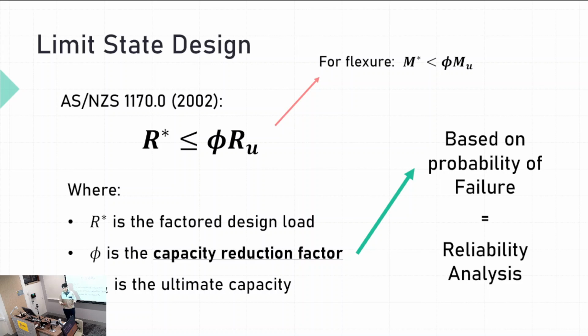And for timber, it's even less because the variability of the material itself, which we'll get into, is quite high because it's a biological material. There are a lot of defects which can come up, such as knots in the wood, which can reduce this consistency. But we have to conduct something called reliability analysis. This is especially important for timber due to the variation in the material.